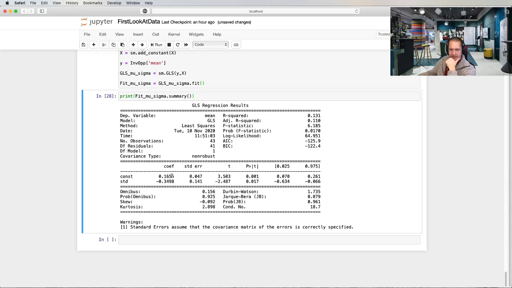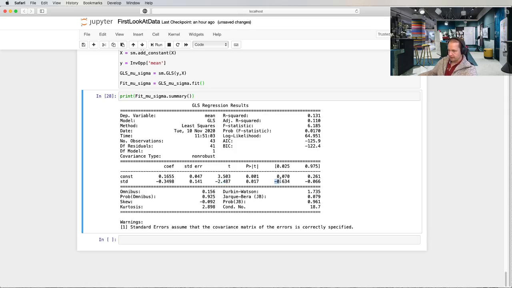Now, the loadings, I have to look at my screens. There's a constant, which we cannot explain, which has a 3.5 T statistic, and the slope coefficient is negative. Significance is -2.4.